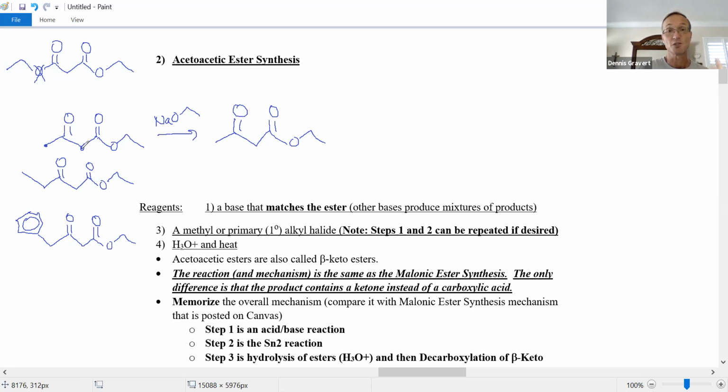These hydrogens, there's two of them there. One of these two hydrogens is much more acidic because then you get more resonance structures. So you only form your enolate here. Step two is SN2. So pick some methyl or primary halide. You can do it twice since there's two of them there.